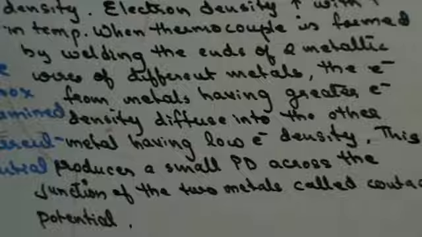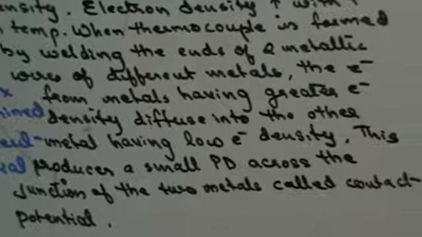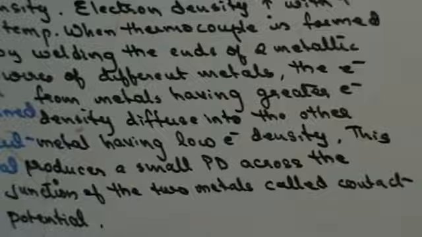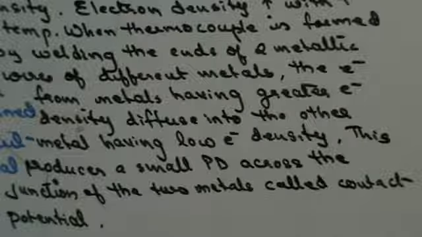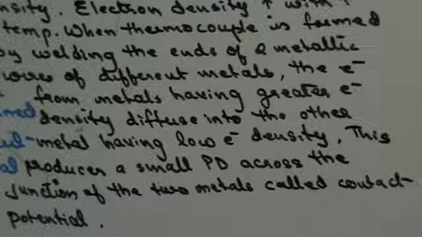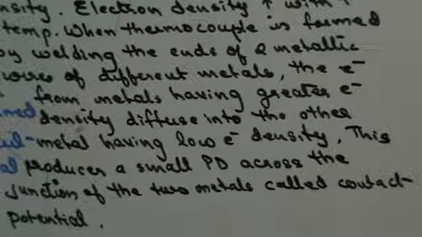Fine. Now, once I have the contact potential, I can say that the value of the contact potential depends upon the temperature of the junction, because we said that electron density depends upon the temperature. Right in the beginning, I said that electron density increases with the increase in temperature. If the electron density changes, obviously the potential difference developed across the junction will change.